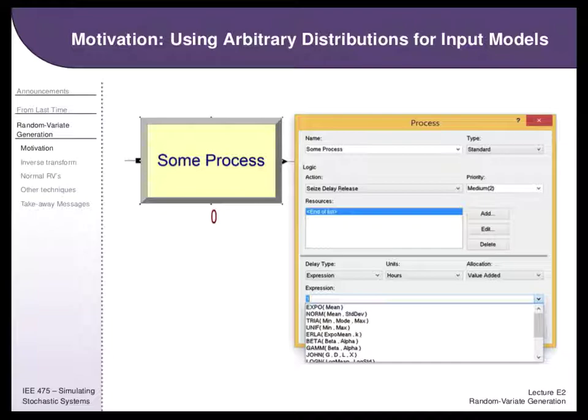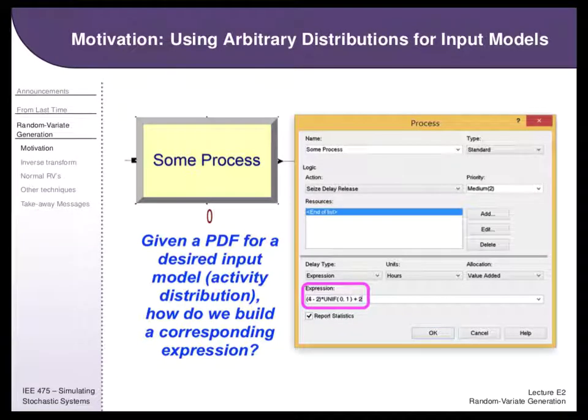But if your distribution isn't in this list, then the question is, what do you do? That's what we're addressing now, is how to build these expressions. The simple case that we started out with, I think in one of the earlier labs, is if I wanted a uniformly distributed random number between 2 and 4, there's a simple formula for that.